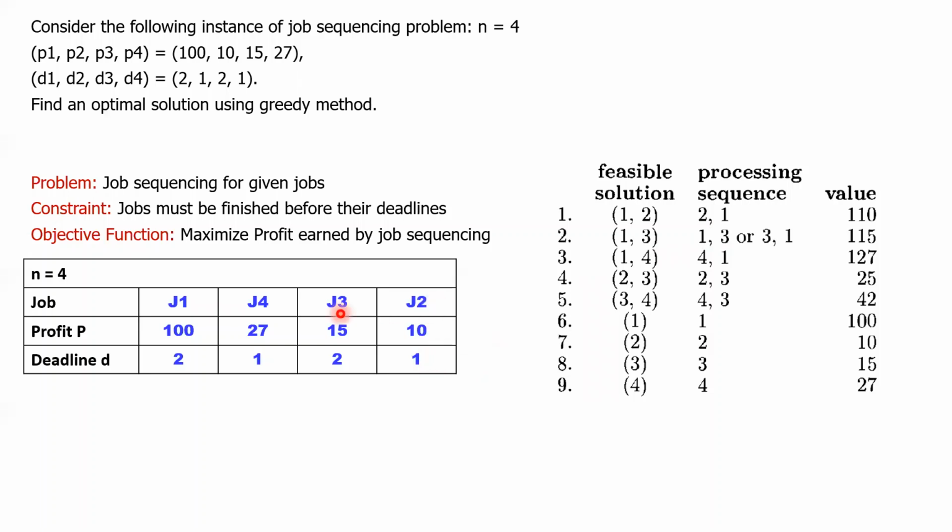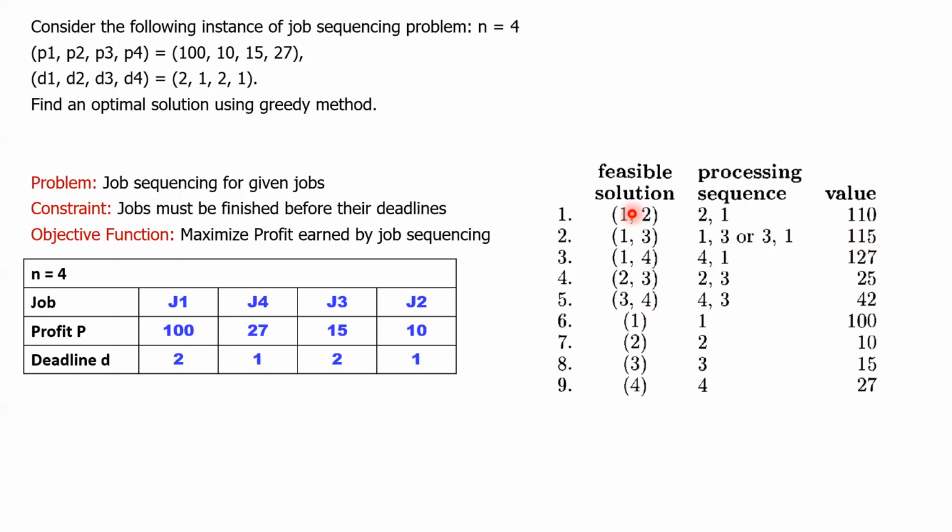Because among J2 and J1, J2 has to be finished within the first time unit, while J1 can be finished within 2 time units. So I'm going to first complete J2, then J1. Both of them are finished within their deadlines, so it is a feasible solution. Now, what is the profit earned? It is the profit of J2 plus the profit of J1, which is 110.